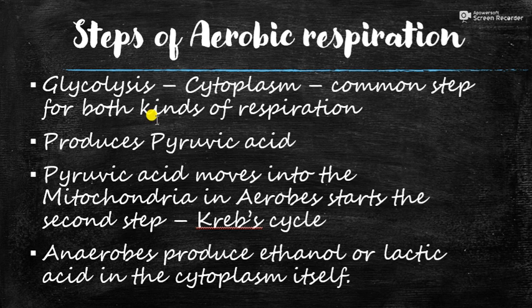By the end of glycolysis, when one molecule of glucose is converted into 2 molecules of pyruvic acid, at the same time it releases 2 molecules of ATP, which is a very small amount of energy release. And in aerobic respiration, this pyruvic acid will move into a special organelle called the mitochondria, where the further oxidation of pyruvic acid happens.